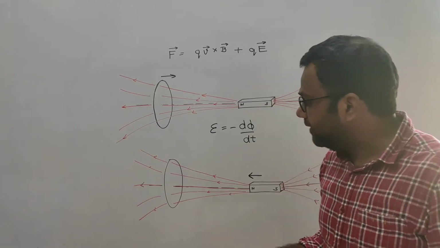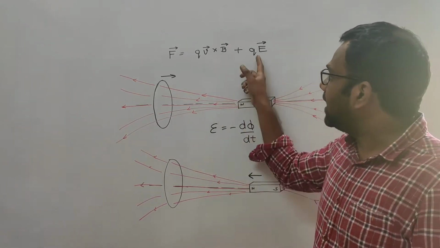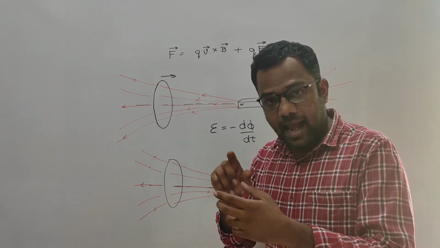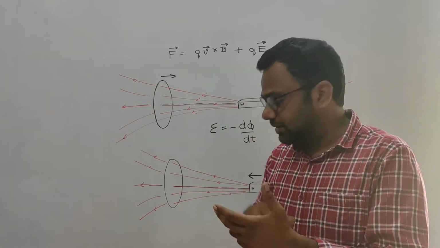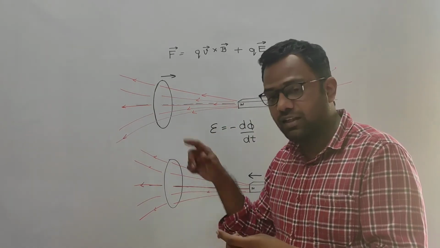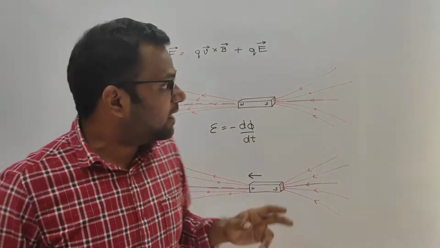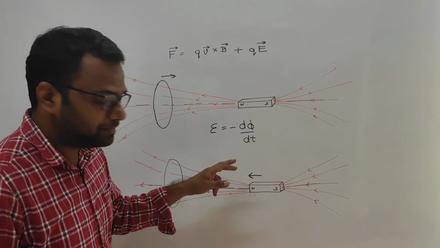Because of the electric field that is generated because of the changing magnetic field, now the charges will get forces acting on them, and hence now we can justify the generation or the production of the current in the coil. Correct? So these are the different mechanisms which work behind Faraday's laws.